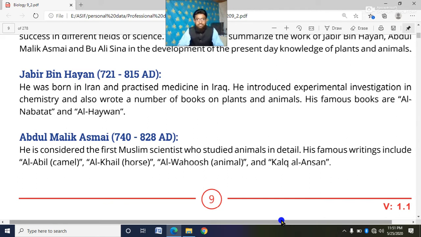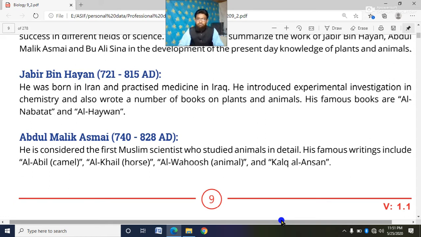He was a botanist as well as a zoologist. He worked for chemistry, especially in experimental investigation. He was the first to introduce experimentation in chemistry.